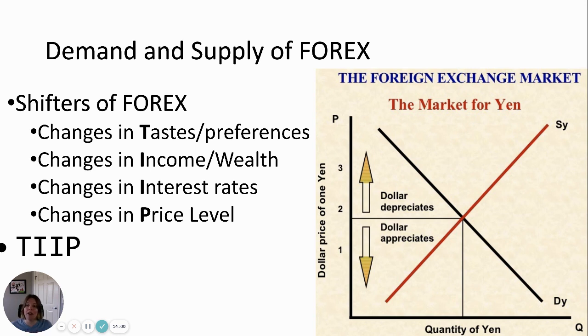So higher interest rates will appreciate a country's currency because of the foreign investment attracted to it. And then also changes in price level. If price level goes up in this country, foreigners don't want our products as much, because they're relatively more expensive. But if price level goes down, all of a sudden it's more attractive. So remember that tip: tastes and preferences, income, wealth, interest rates, and price level.